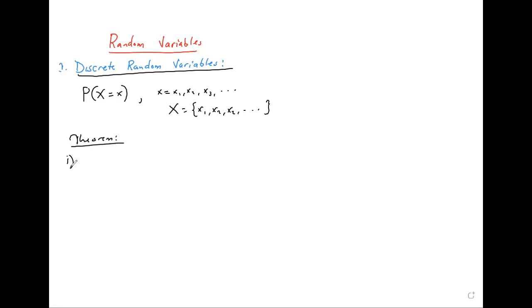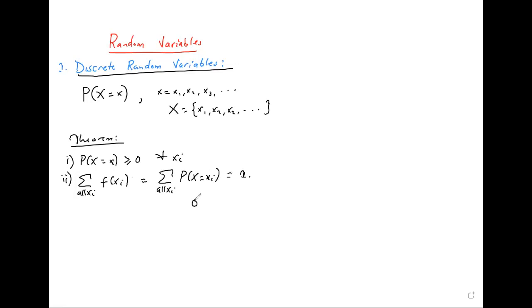If the function is a probability function, then, one, it should be greater or equal to 0, always positive for all xi's. Two, if you sum f of xi over all the xi's, which is the same as the sum of P(X = xi), this should give us 1, meaning probability will always run from 0 less or equal to the function less or equal to 1, always.